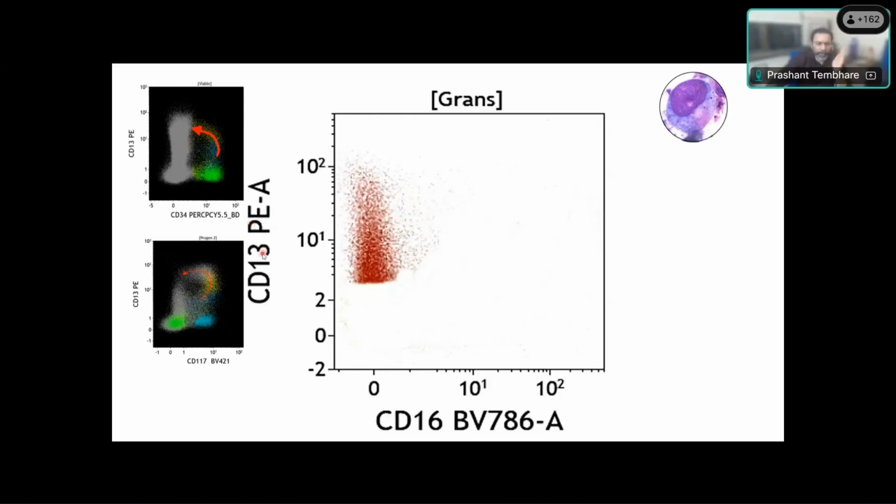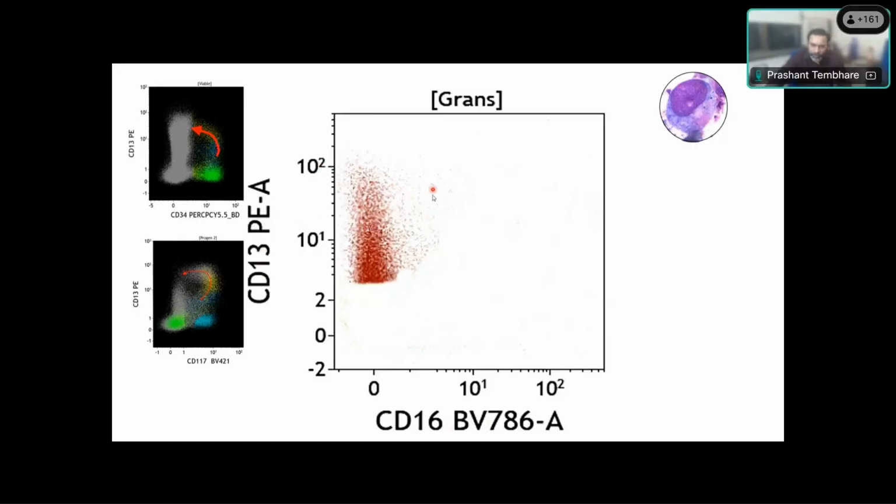Now when you combine CD13 and CD16, it shows a typical maturation pattern. We are going to study that maturation pattern by using CD13 and CD16. At the promyelocyte stage, we have CD13 but no CD16 expression.